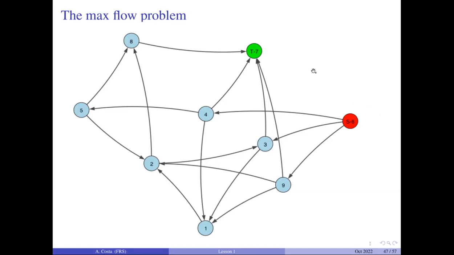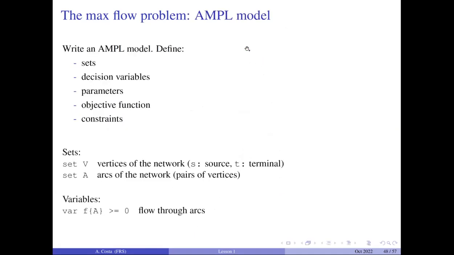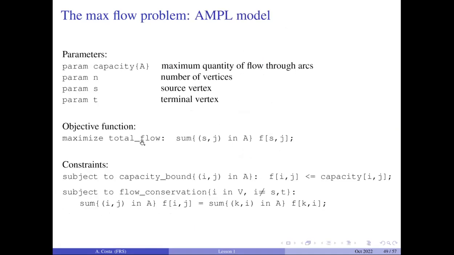So the objective function, the total amount of flow that we want to maximize, is the total amount of flow going out from node 6, or the total amount of flow entering node 7, which is the same. So in this case, we are maximizing the total flow that is going out from the source.